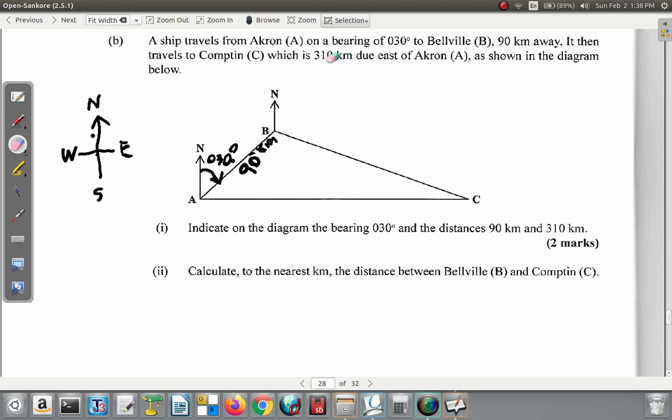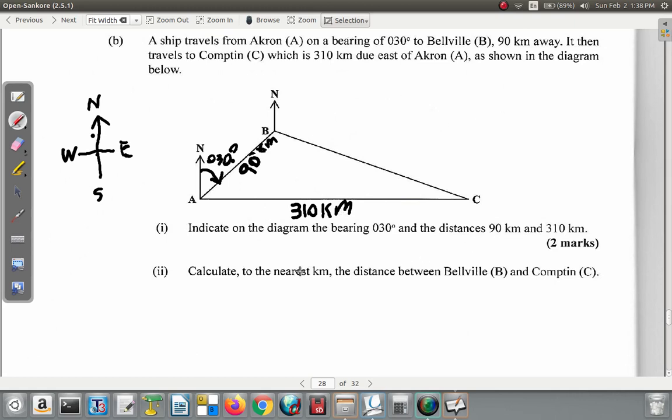It says it travels to C, which is 310 kilometers due east of A. So the 310 kilometers would really be here. Alright, good.